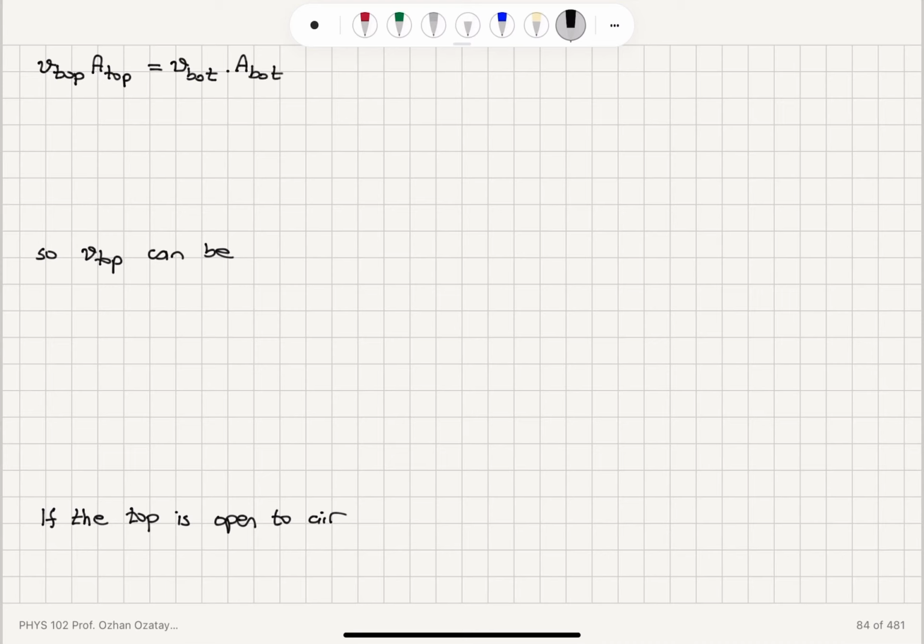So what is the area of the bottom surface? It is pi times d over 2, the radius, squared. It's a circular hole, and we have a circular top surface which has diameter capital D, so therefore its area is pi times capital D over 2, squared.